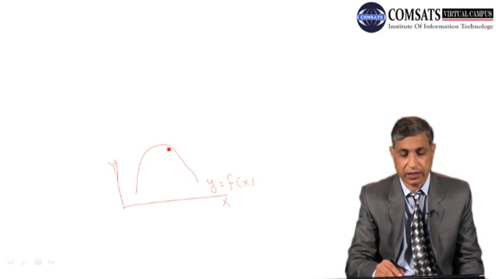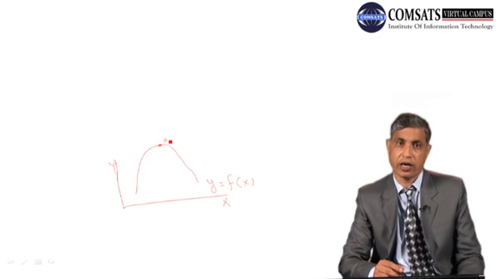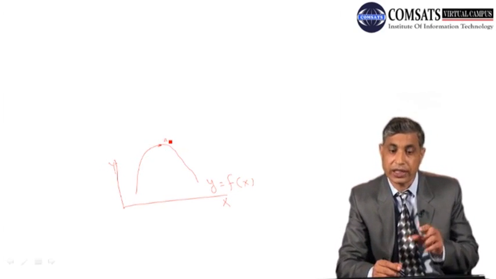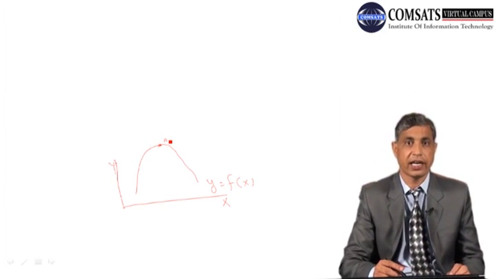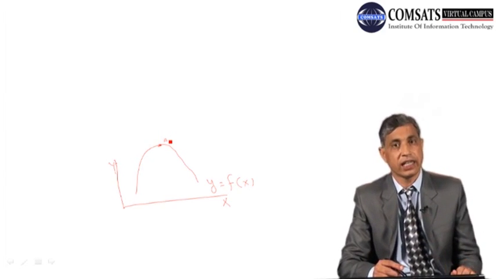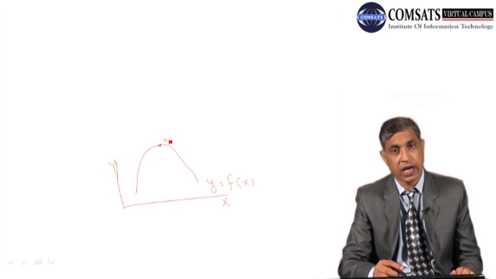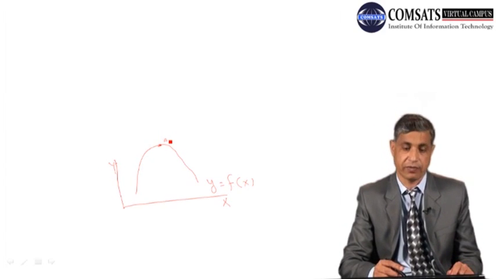There is one point that is the maximum, I want to call this point A. This is the maximum point, but how can we show that this is the maximum? There are two conditions that must be fulfilled, and then we will say that this is the maximum, and we take help from the derivative concept.